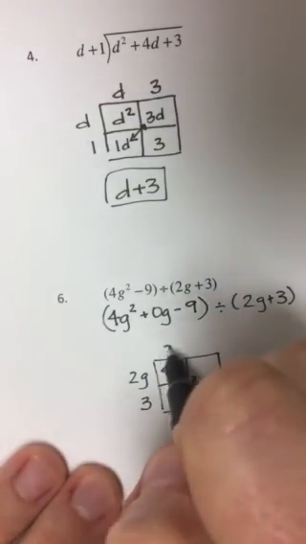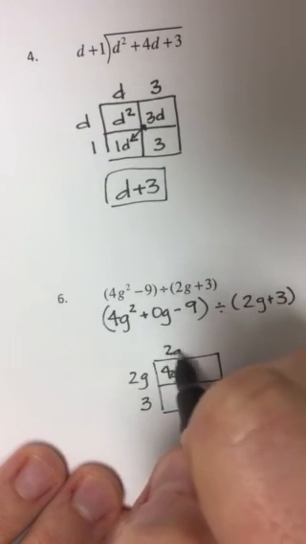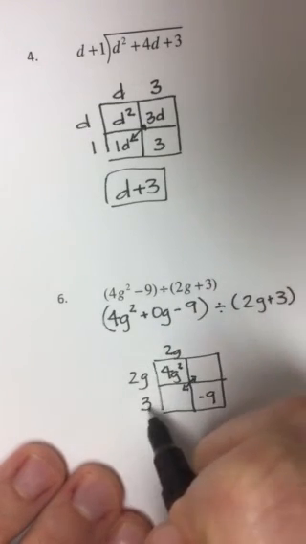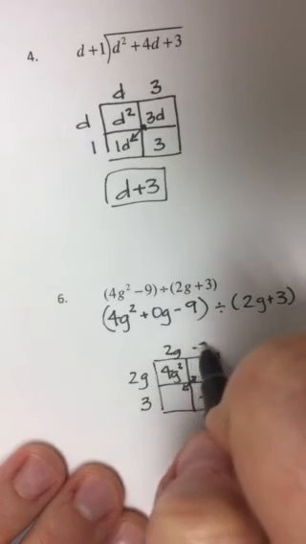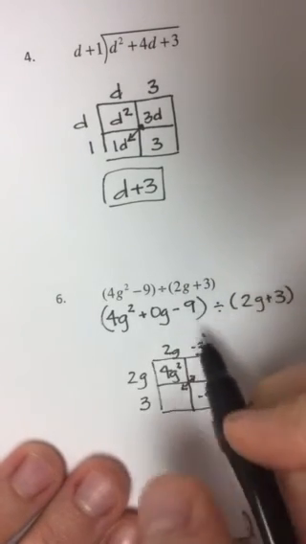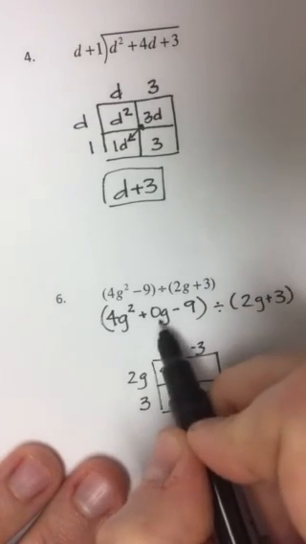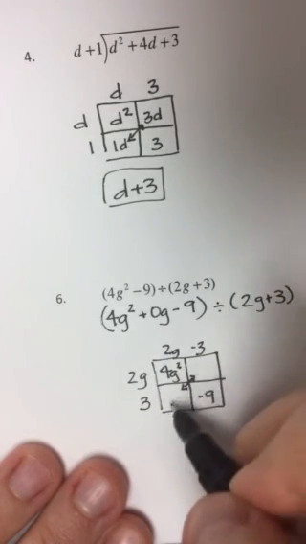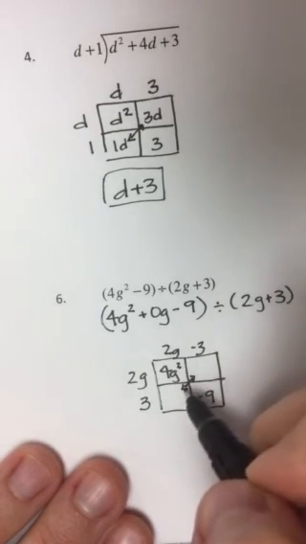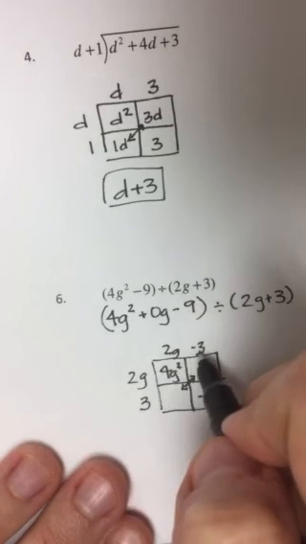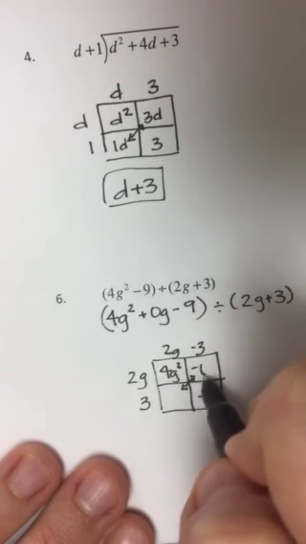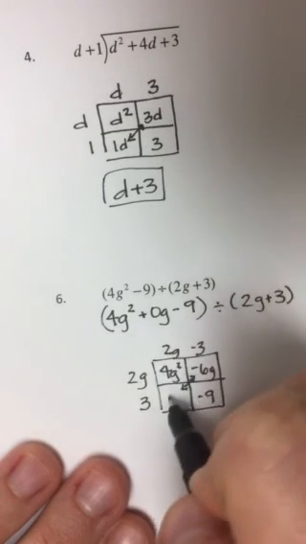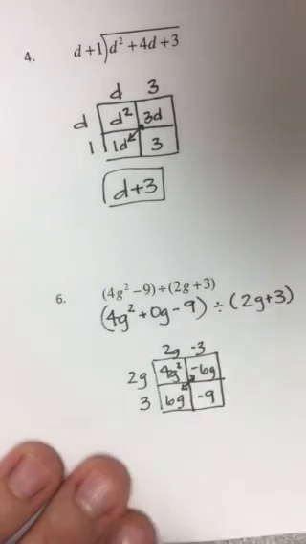4 divided by 2 is 2. G squared divided by g is g. And negative 9 divided by 3 is negative 3. So check yourself to go backwards and make sure you get a 0g to sum up in these center two boxes. So that would be negative 3 times 2g is negative 6g, and 3 times positive 2g is positive 6g.